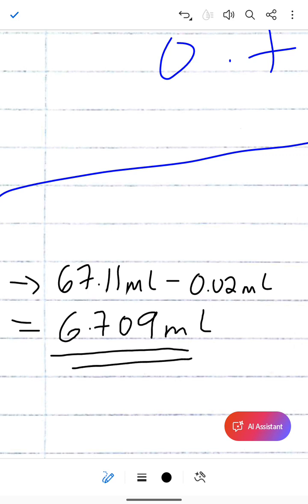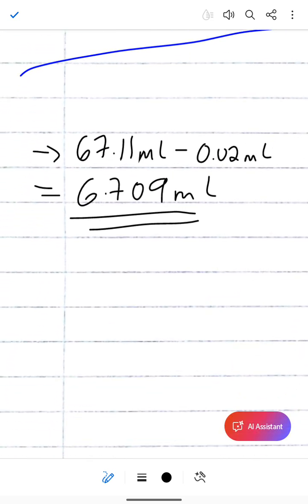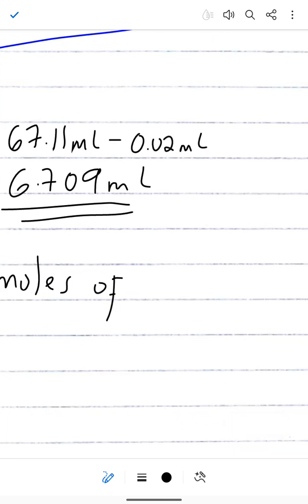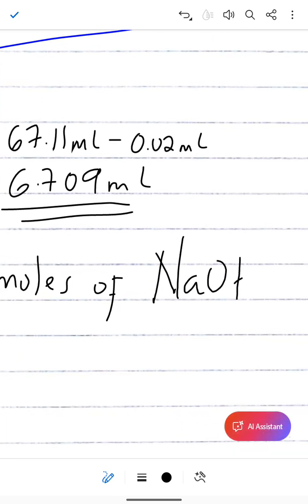So this is the volume of sodium hydroxide added when it is 0.02 ml less than the equivalence point. Now we need to find the moles of sodium hydroxide added.